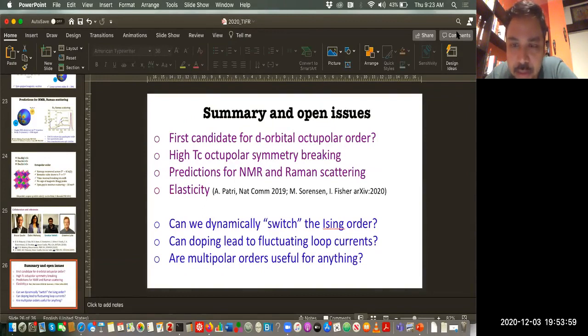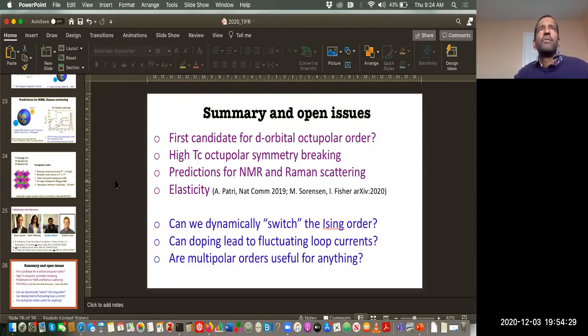Because of the way you thought of this octupole as a dipole times a quadrupole, whether a pump probe type approach, where maybe you come up with a dipole using some optical means, and then you look with Raman or something, whether that kind of thing would work and would actually give you the correct octupole order measurement. It might be very weak couplings, but I don't know. So it would be worth asking.